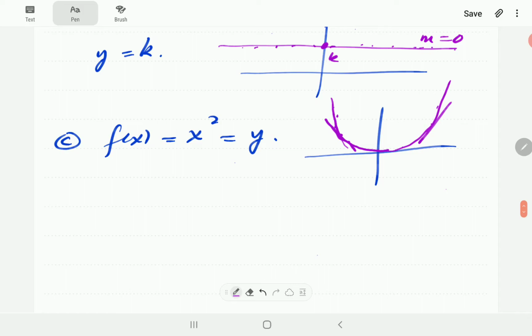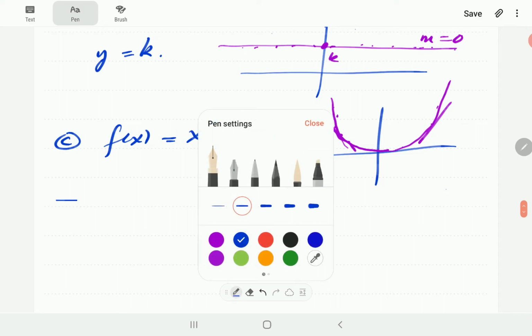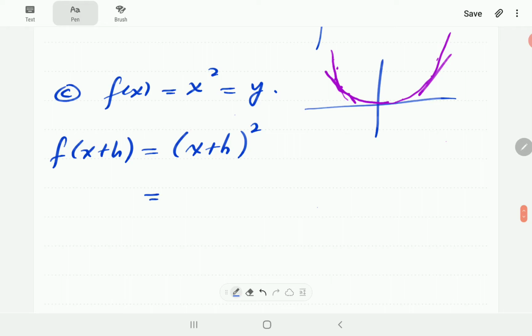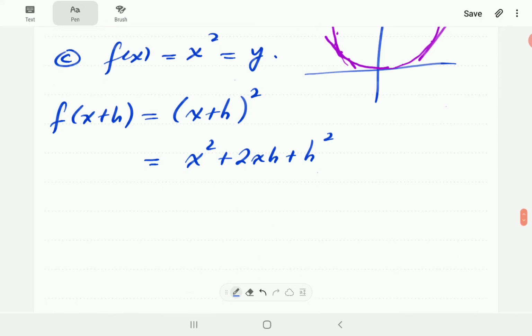All right, so in order for us to use the limit definition again, we need to find f of x plus h. So this time, if we plug x plus h in the place of x, we want to get that. If we expand that using the binomial expansion, we're going to get 3 terms: x squared plus 2xh plus h squared.